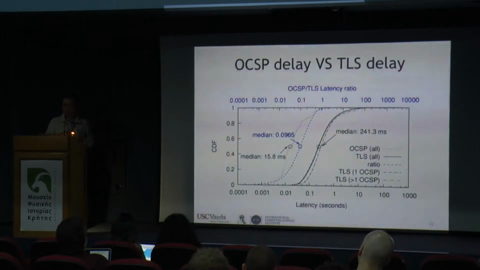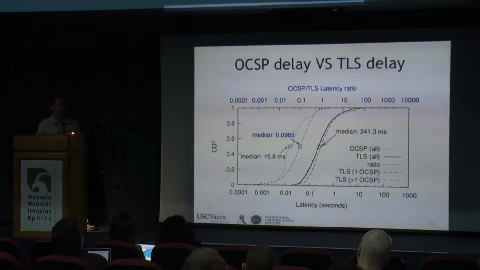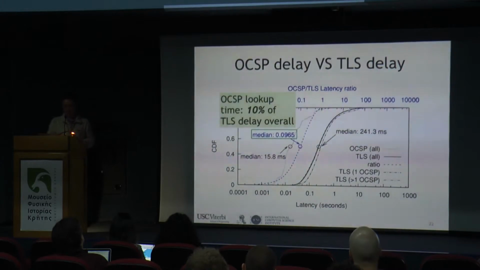For all the matched cases, we plot the OCSP latency, the TLS latency, and the ratio between them. We see that the OCSP lookup is only 10% of the TLS delay.